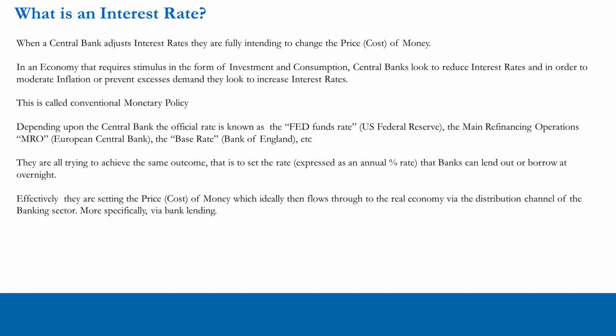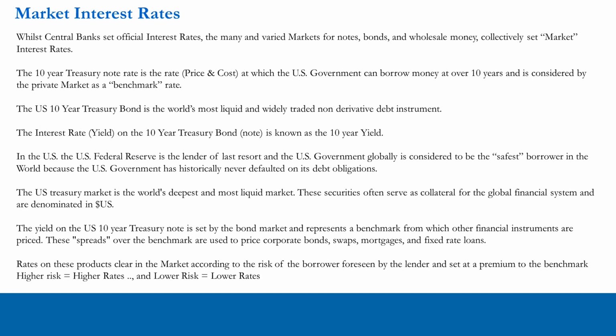Now, there are official rates and market rates. So whilst central banks themselves set the official interest rate, there's an abundance of many and varied markets for bonds, notes, wholesale money. They are collectively known as the market, collectively setting market interest rates.